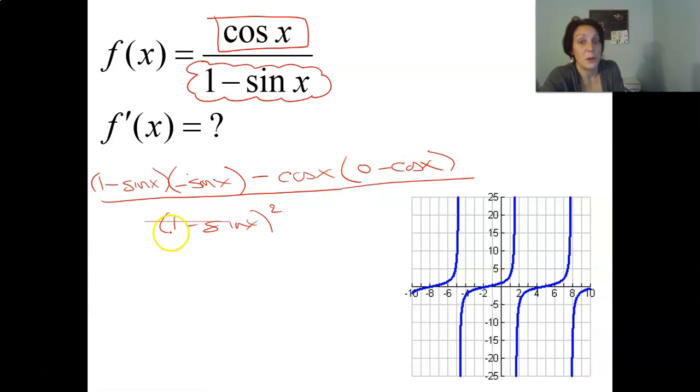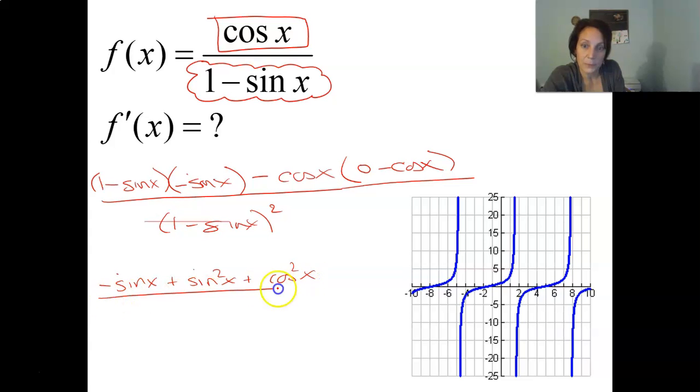Okay, so you may leave that there. Again, if it's open-ended, do it. If this is multiple choice though, I promise you this is not what you're going to see. And here's why. This numerator simplifies drastically. If you distribute this sine x, you get negative sine x plus sine squared of x plus cosine squared of x.